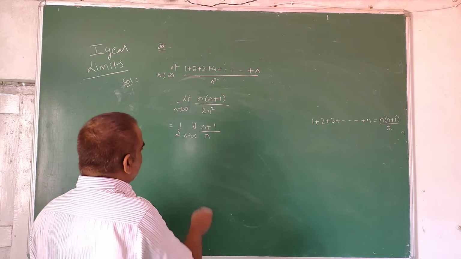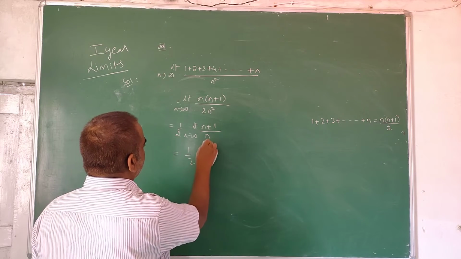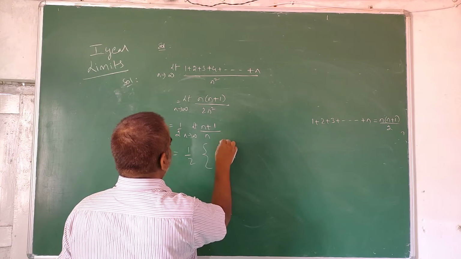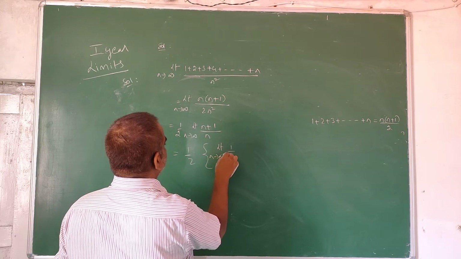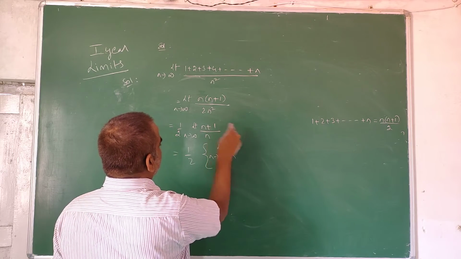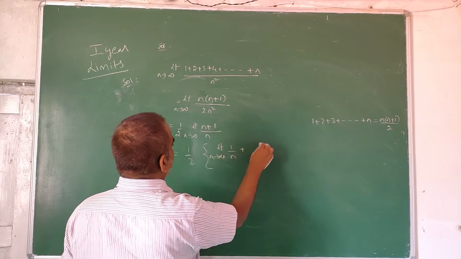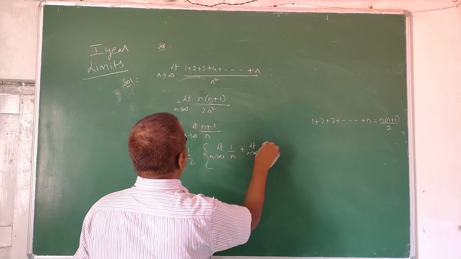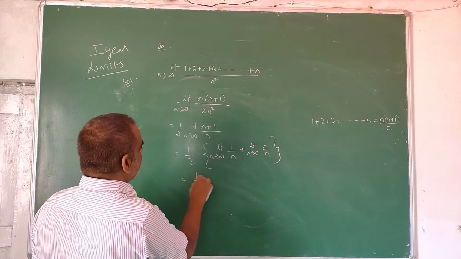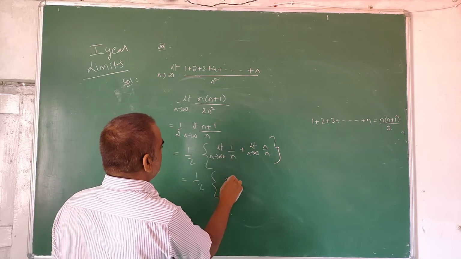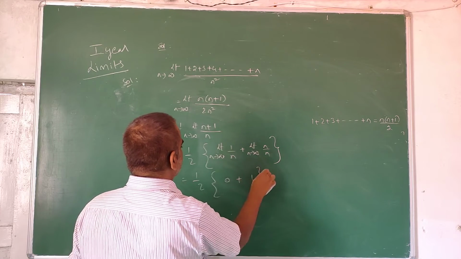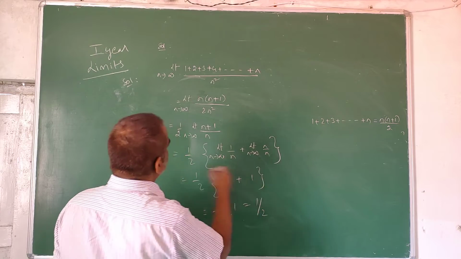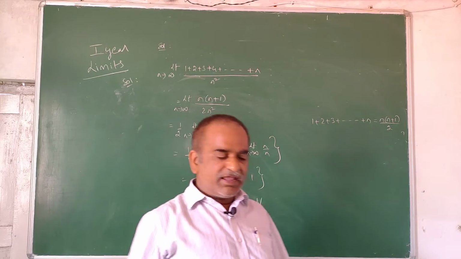So (n plus 1) by n is equal to 1 by 2 into, if you split, 1 by n plus n by n, limit n tends to infinity. I'm splitting the fraction. So this is equal to 1 by 2 into, this goes to 0, and this is 1. So this is 1 by 2 into 1, which is 1 by 2. So this is an interesting problem. Okay.